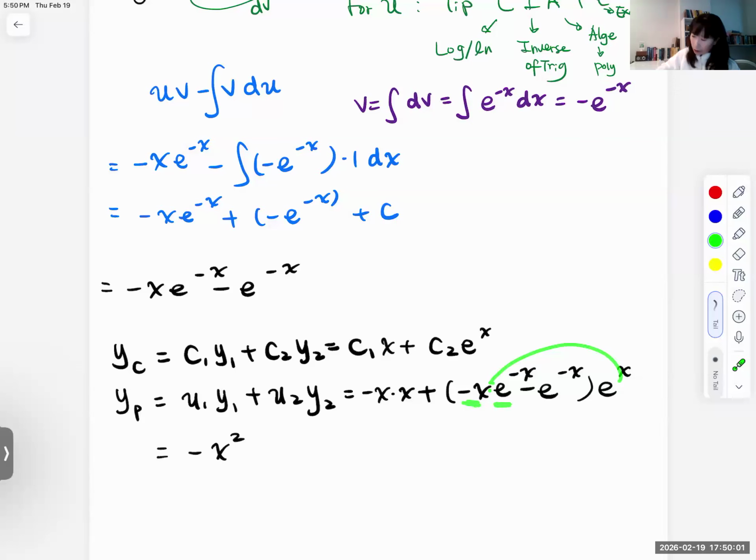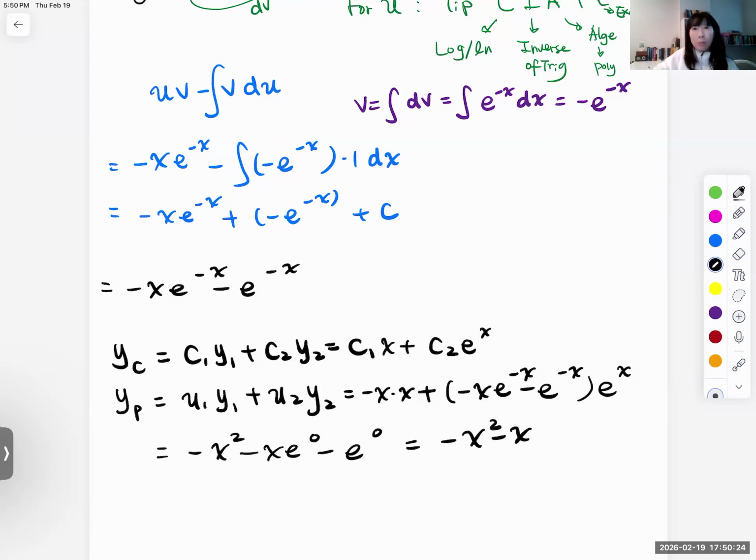And then second term, negative x plus x is 0, right? So let me write it down for you. Negative x e to the 0 power and minus e to the 0 power, right? Okay, so there will be negative x squared minus x minus 1.